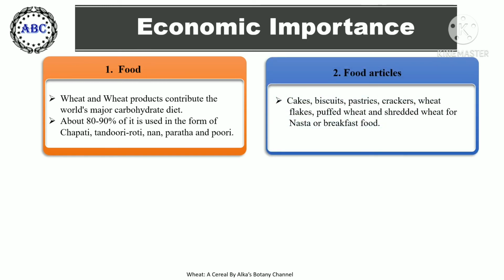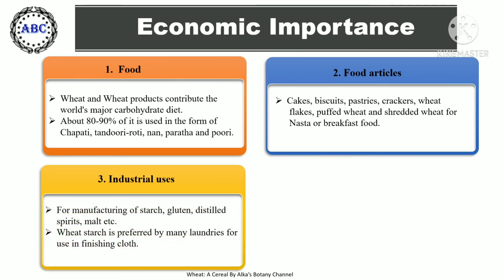Second, it is also used to prepare food articles: cakes, biscuits, pastries, crackers, wheat flakes, puffed wheat and shredded wheat for nashta and breakfast food. Third, it is used for industrial purposes, for manufacturing starch, gluten, distilled spirits and malt, etc.